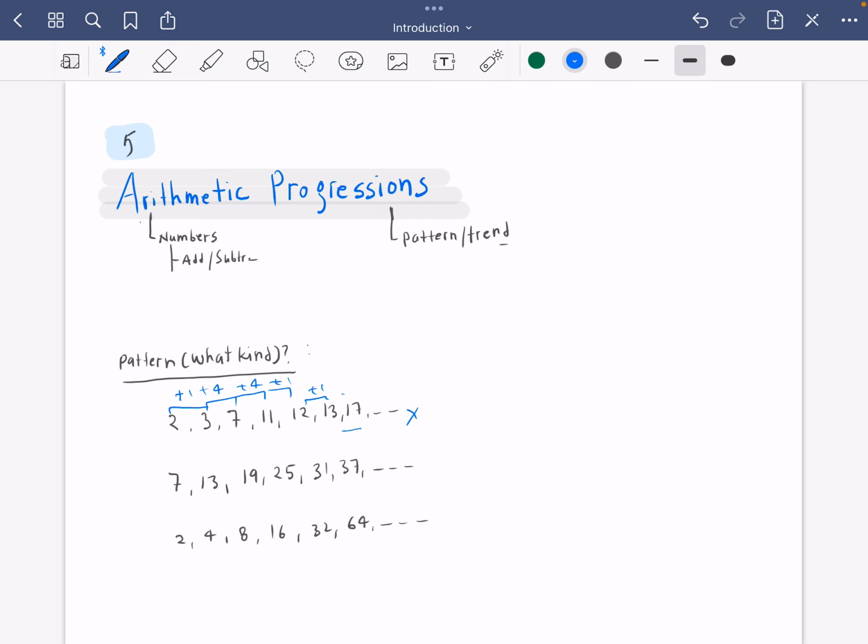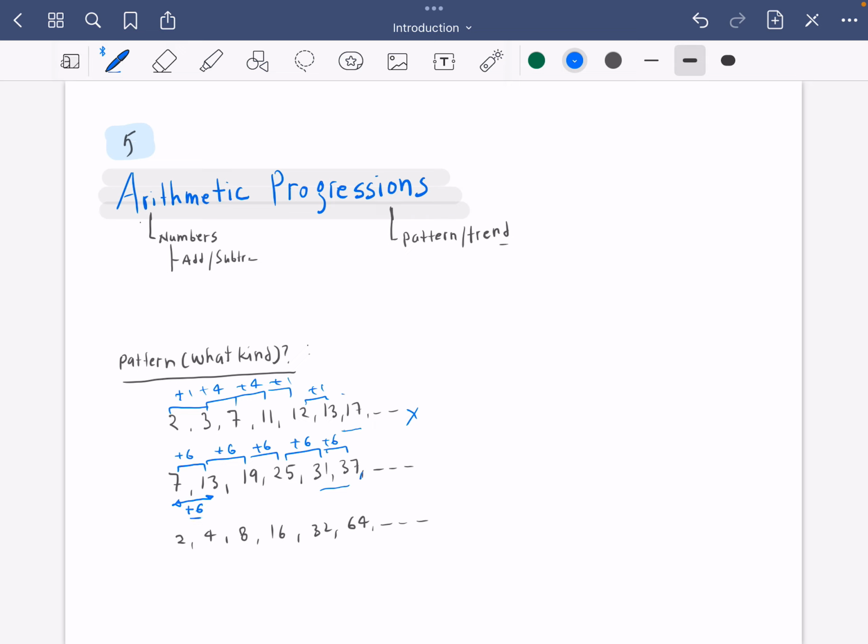What about the second one? 7 plus 6 is 13, 13 plus 6 is 19, 19 plus 6 is 25, 25 plus 6 is 31, 31 plus 6 is 37. So I get the next term by adding 6 to the previous one, and you can do it throughout the series. Or you can say the difference between two numbers is positive 6, and you can predict the next number.